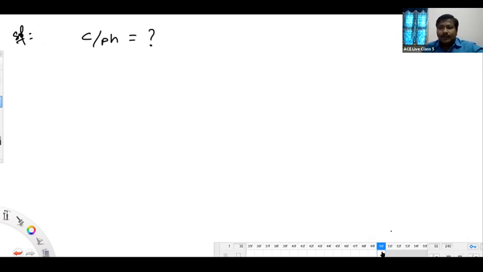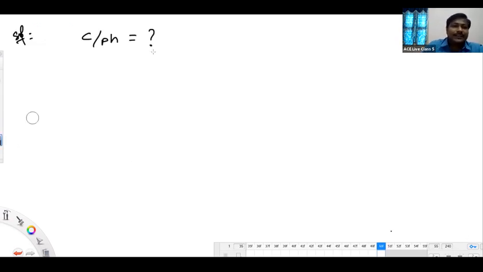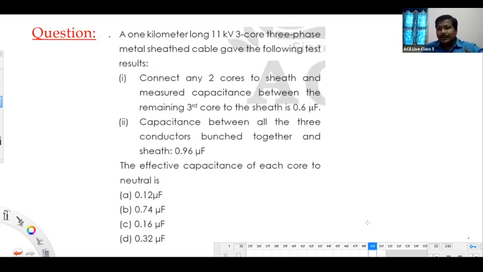Using these experiments, as we studied just now, we have to calculate the values of CS and CC. That CS and CC we should substitute in the C per phase equation in order to get the capacitance per phase value. So CS plus 3CC is the C per phase. To know the values of CS and CC, we should conduct these experiments.